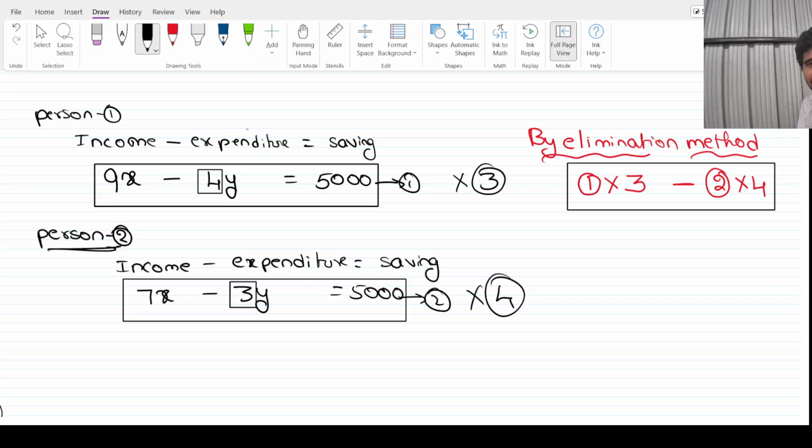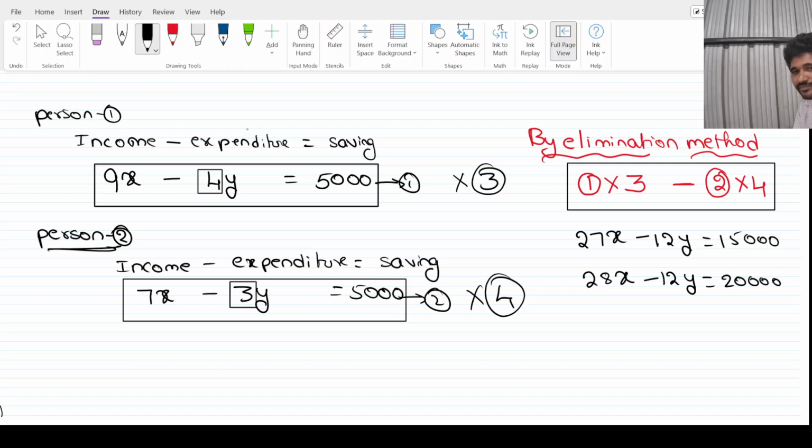First equation multiply with 3. 9 3s, 27x minus 12y equal to 15,000. Next, 4. 7 4s, 28x. Yes or no? Minus 12y equal to 20,000. We said subtraction. Sign has to change, right?